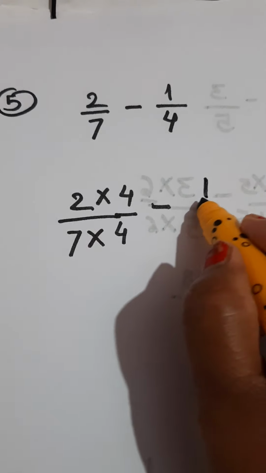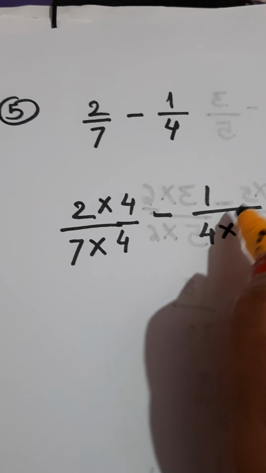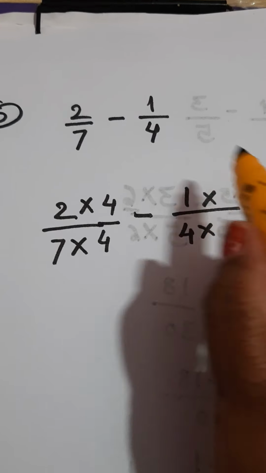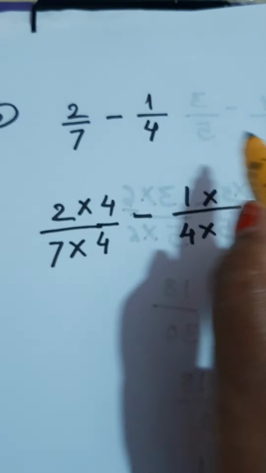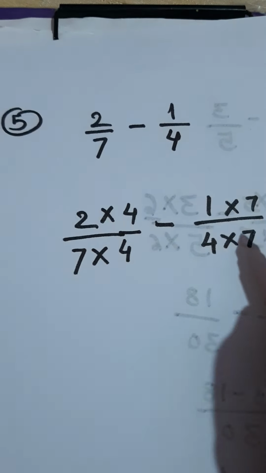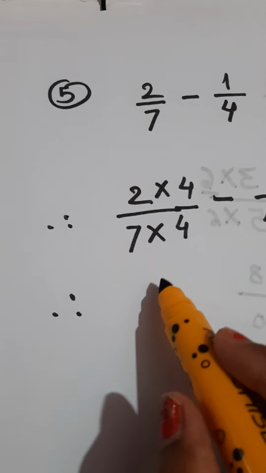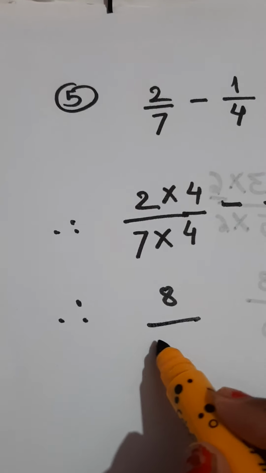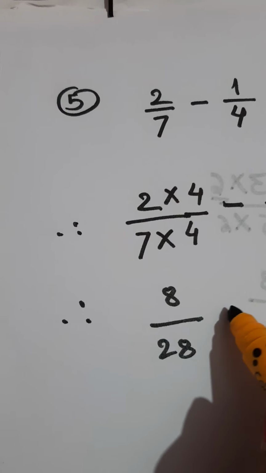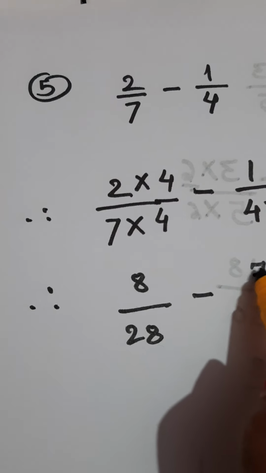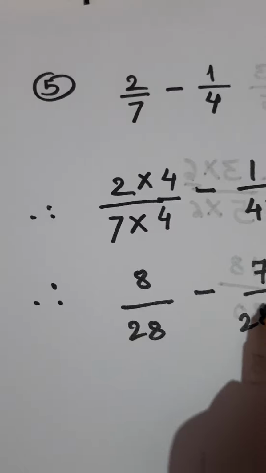Write down the second fraction 1 upon 4. Multiply the second fraction by the first denominator, that is 7. So here 7. Therefore 2 4s are 8, 7 4s are 28, minus 7 1s are 7, 4 7s are 28.